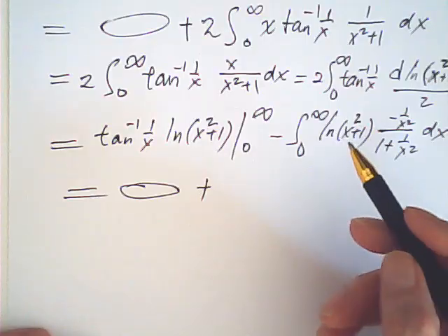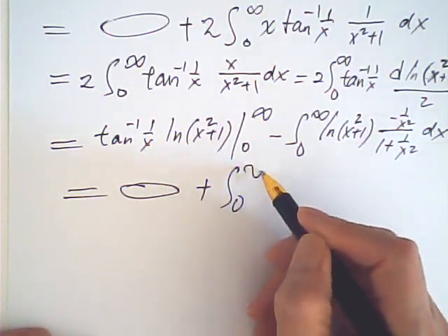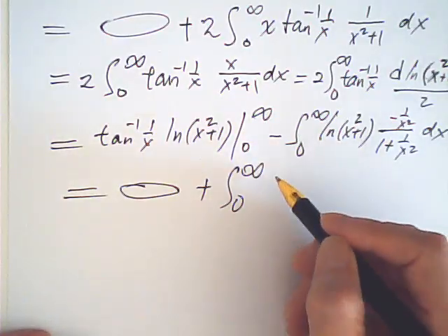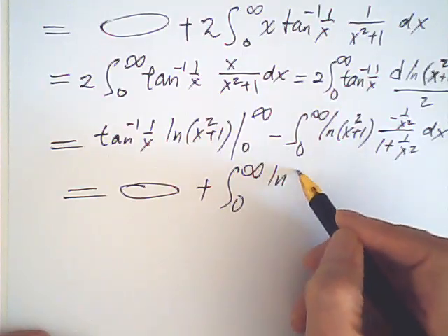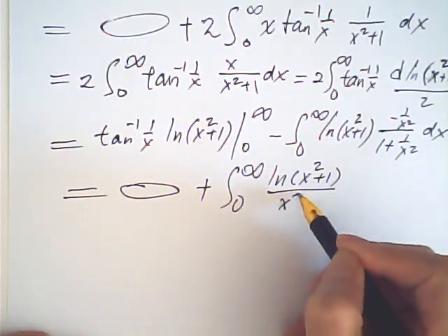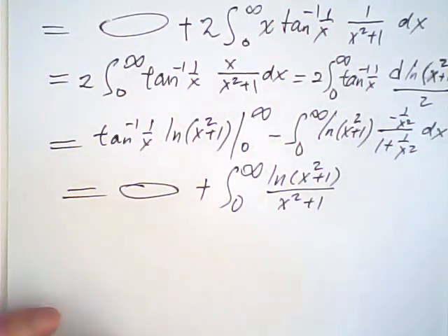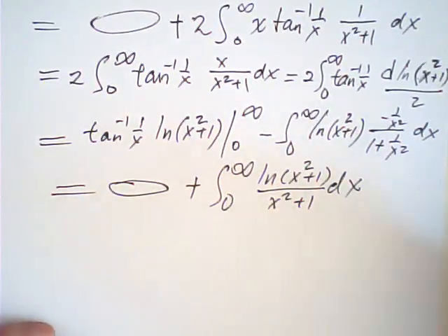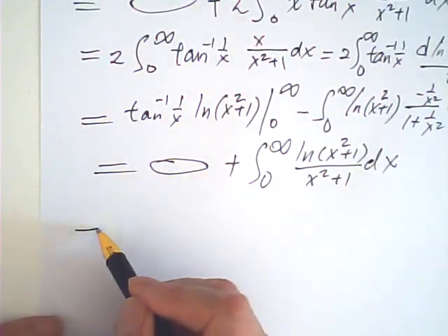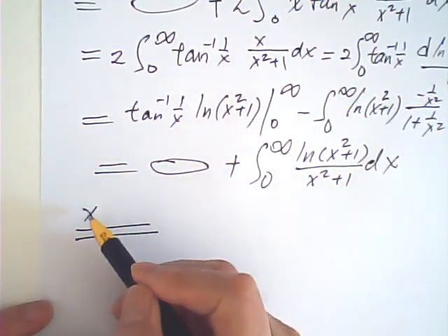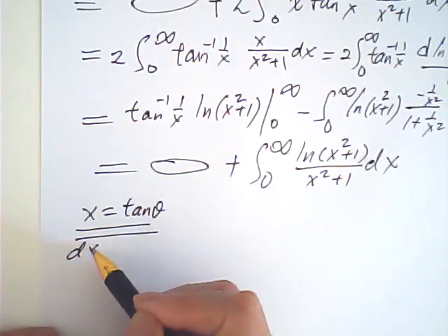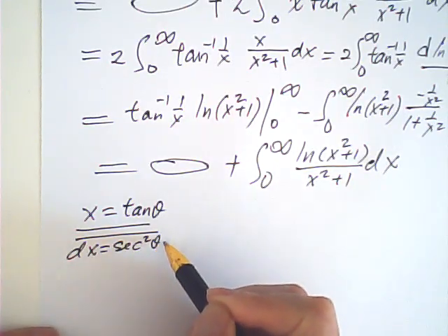And this becomes the integral of log of x squared plus 1 over x squared plus 1, after this one is simplified, and then dx. Then I use substitution again. Let x be tangent theta, so dx is secant squared theta d theta.